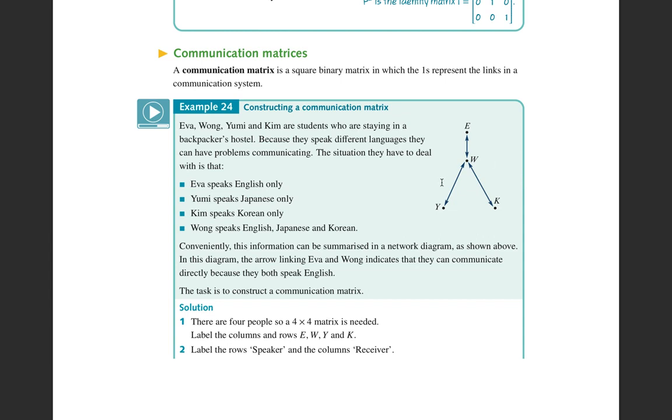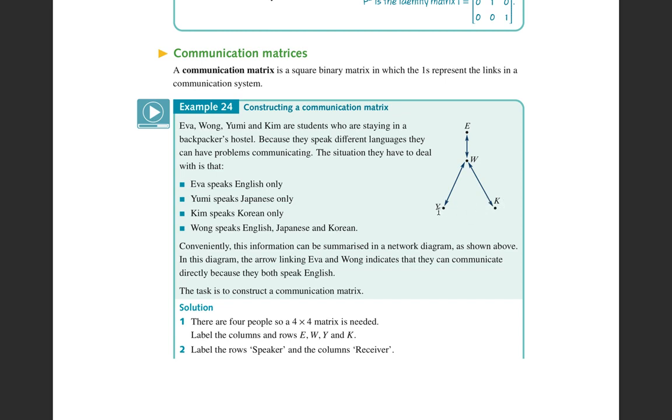For instance, this one is about four people staying at a backpackers hostel, and they speak different languages, so communication can be tricky. E is Eva, who speaks only English. Yumi, which is the Y, speaks only Japanese. And Kim only speaks Korean.